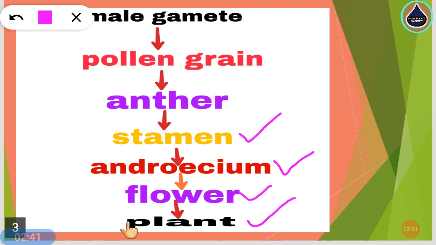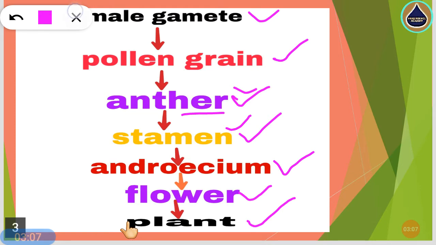The stamen possesses three parts. The uppermost part of the stamen is called the anther, and then the filament, and the connective is also there. In the anther the pollen grain is found, and in the pollen grain the formation of the male gamete takes place.